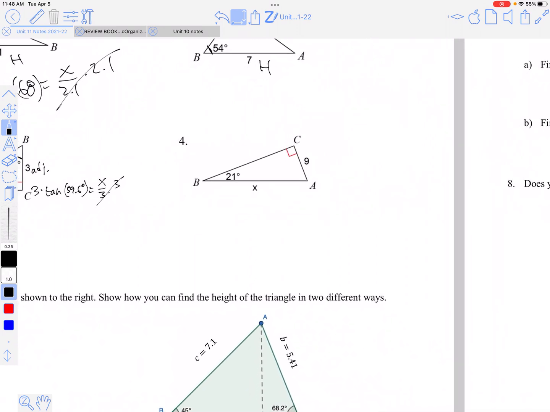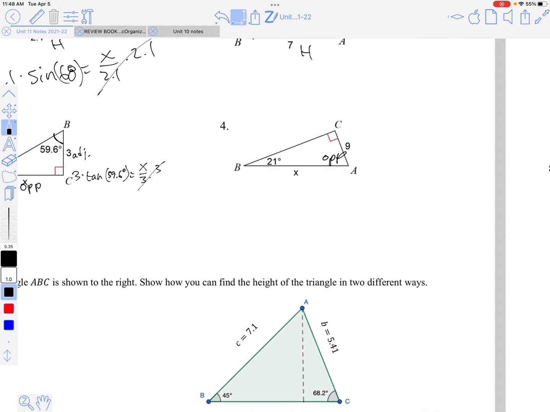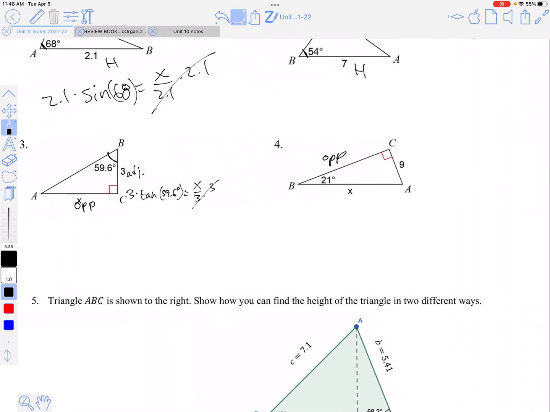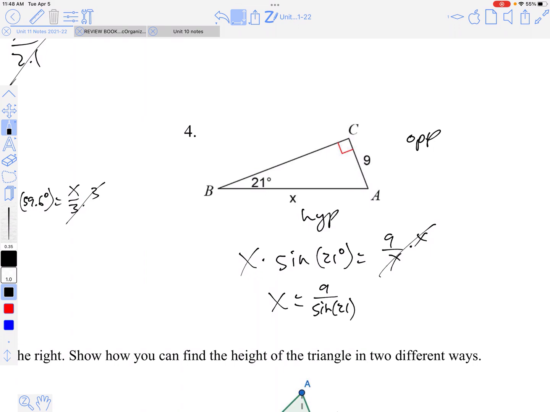And then this last one, the algebra gets a little tricky, but I have opposite, sorry, there we go, and hypotenuse. So that means I'll use sine again. But because x is in the denominator, I'm going to need to multiply both sides by x and then divide by sine 21. So x will be 9 divided by sine of 21.